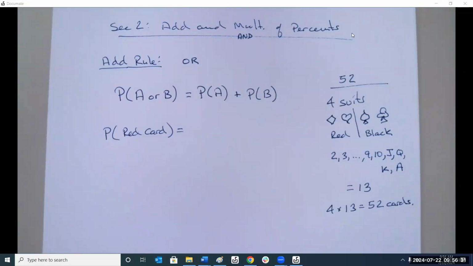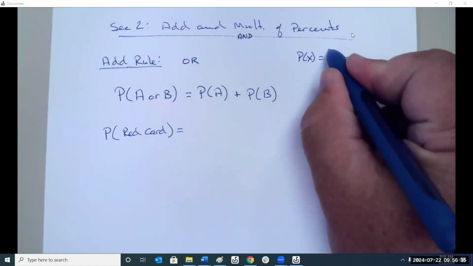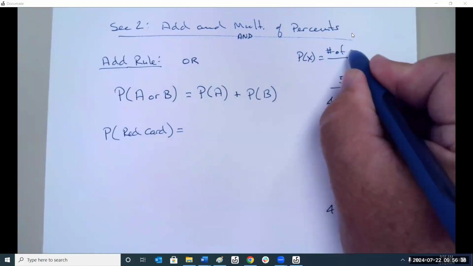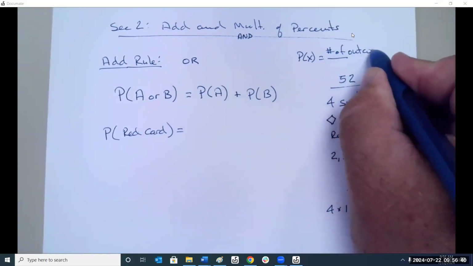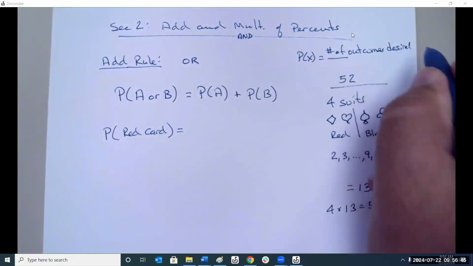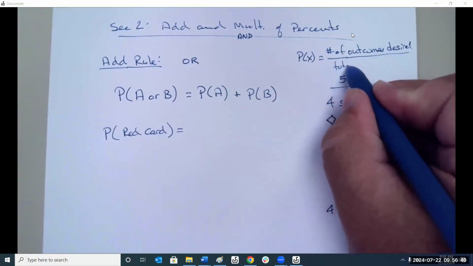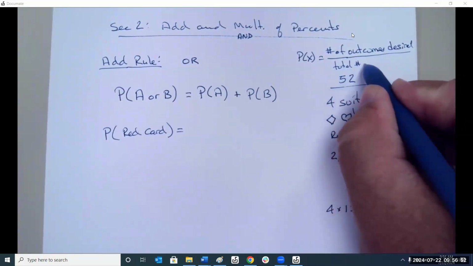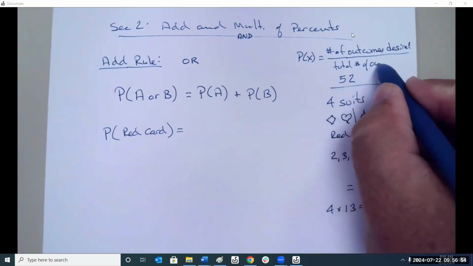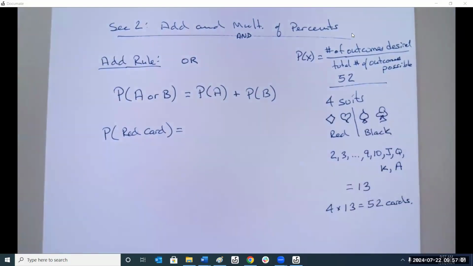Remember, the formula for probability is the number of outcomes desired divided by the total number of outcomes possible. So it's part over total.